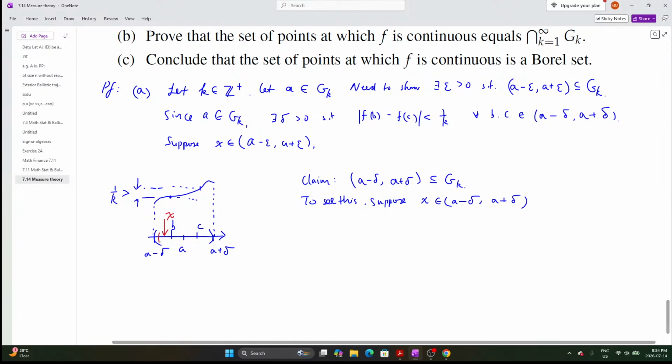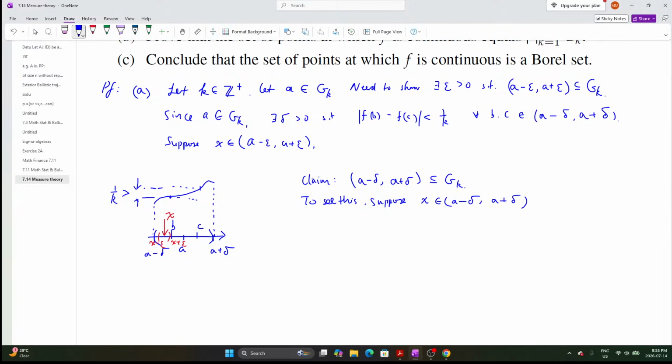Okay, so x is in here. Well, you can construct an interval because this is open. You can construct an interval centered at x, and it's still contained in (a minus delta, a plus delta). I'm drawing this as x minus epsilon, x plus epsilon.